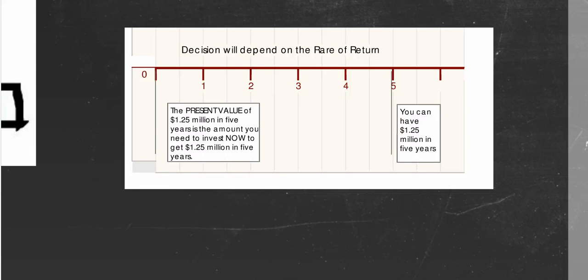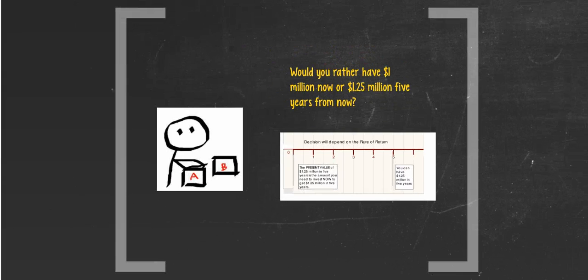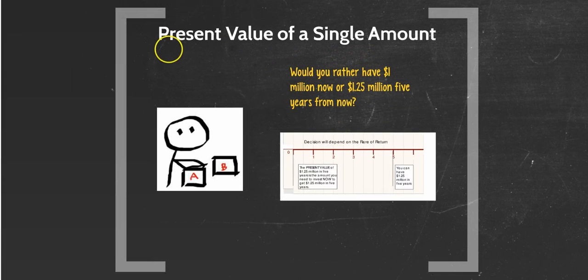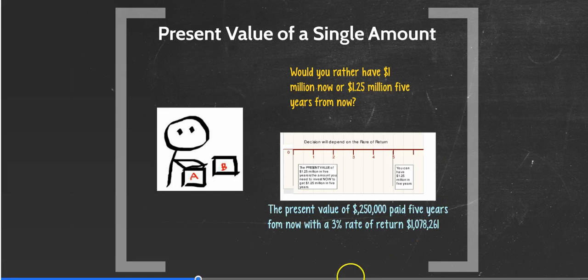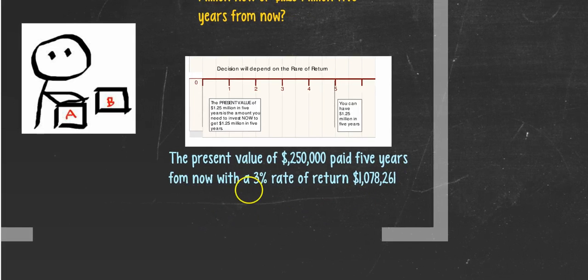And, of course, that amount, the present value, is going to depend on what our rate of return or what our interest rate is. So let's look at a few possibilities. First of all, we're looking at the present value of a single amount, and let's look at a few possible outcomes.